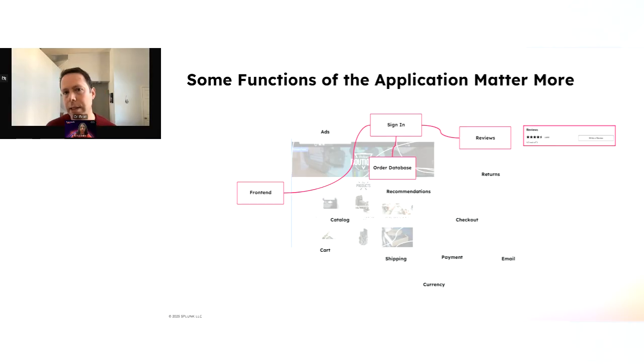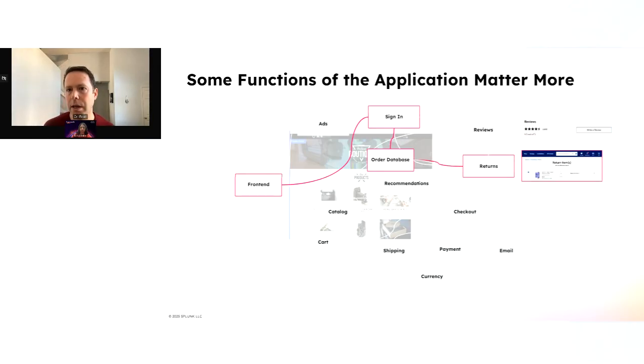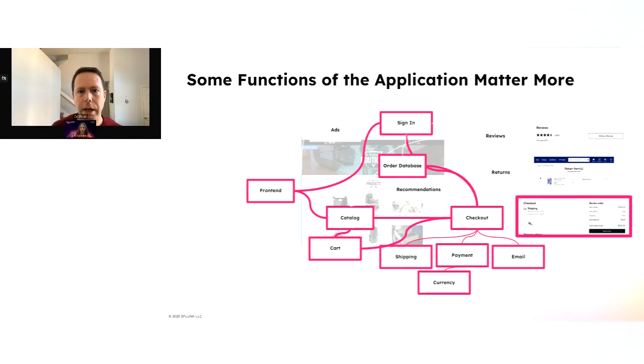So in this example, we see one function of the application is leaving reviews and comments. Another function is being able to process returns. And a third function, which is arguably the most important, is placing orders.